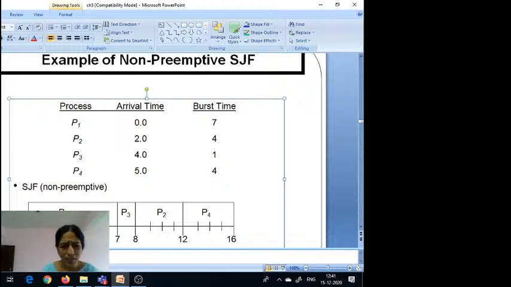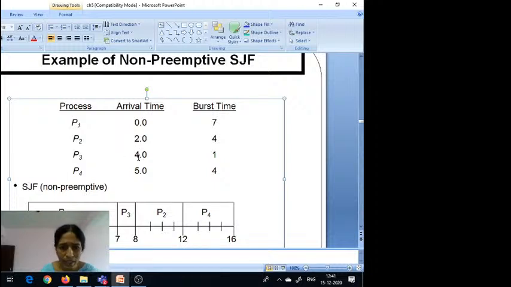Here, 0, 1, 2, 3, 4, 5, 6, 7. After completion of 7 milliseconds, the P1 process is completed. Then next you can observe here 2, 4, 5. At the 2nd millisecond, another process, the P2 process, enters the ready queue.